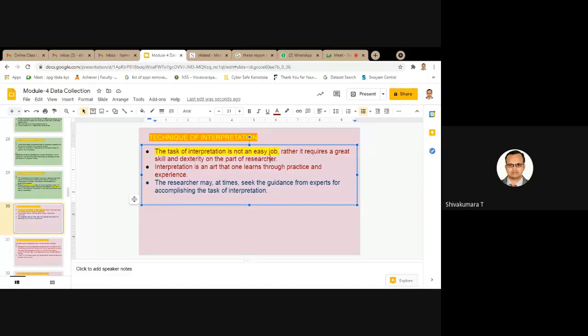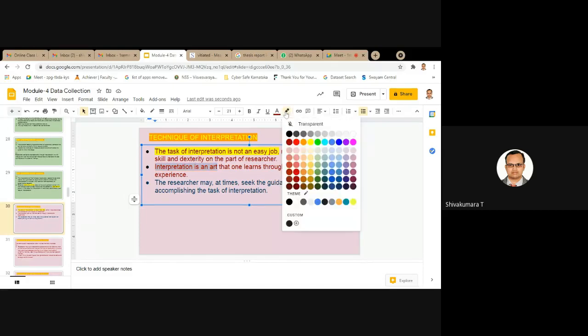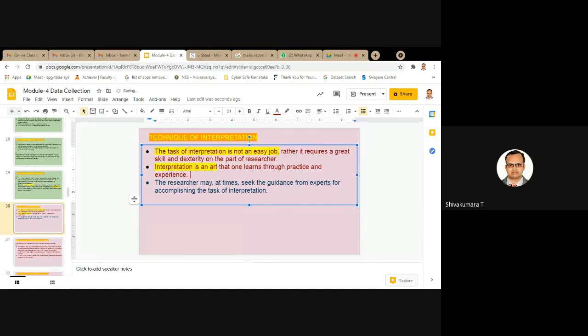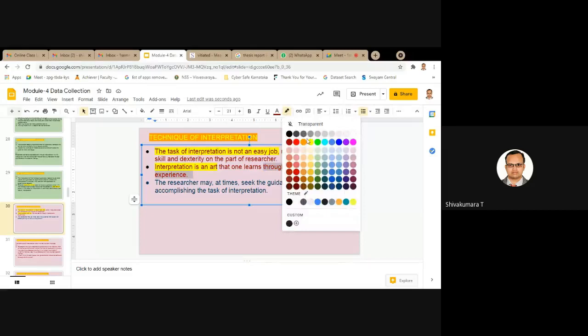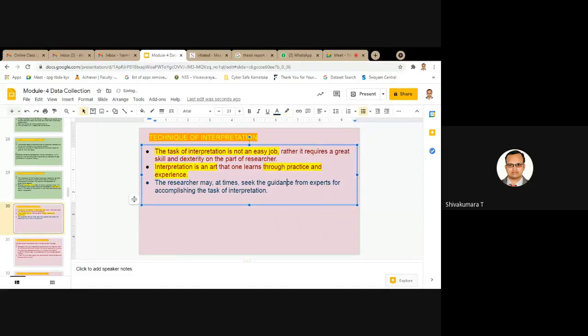So interpretation is an art that one learns through practice and experience. This is very important. At one time it won't come. That's why supervisors and guides are required in the research process. Because they have already gone through this process of interpretation, they are suitable to guide us on how to do the interpretation and come to the conclusion of the research work.